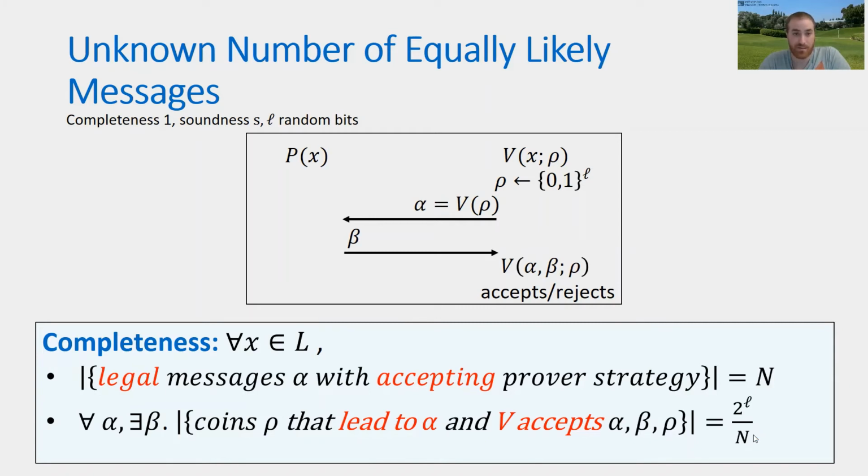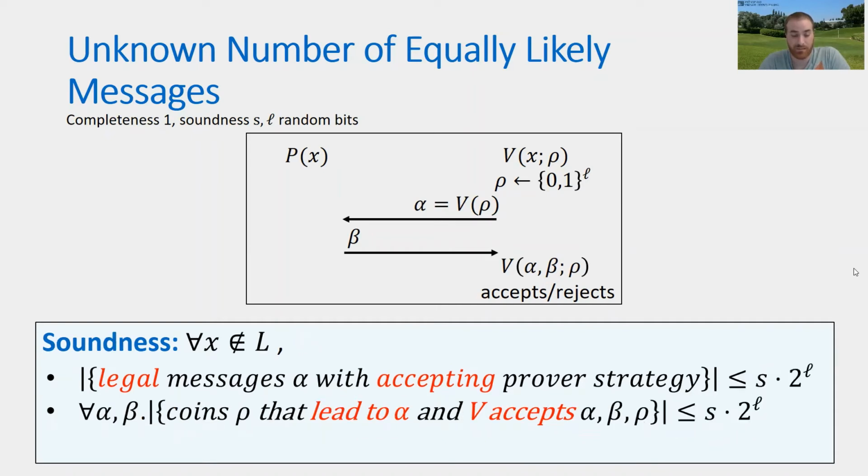This is because all of the messages are equally likely, and so every legal message has exactly the same number of random coins leading to it, and all of them have some beta which cause them to accept, because completeness is 1.